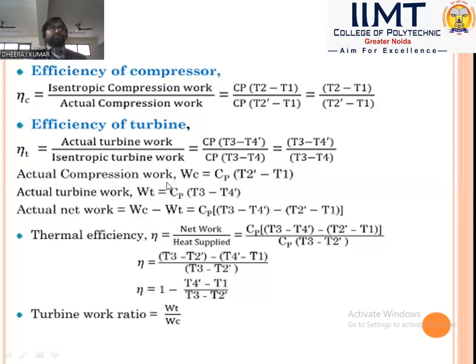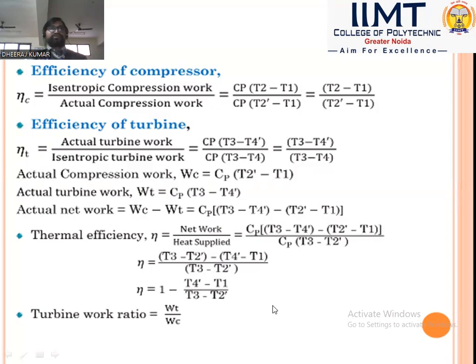Actual compression work is Wc equal to Cp (T2 dash minus T1), and actual turbine work is Wt equal to Cp (T3 minus T4 dash). The actual net work, turbine work minus compression work, is Cp [(T3 minus T4 dash) minus (T2 dash minus T1)].